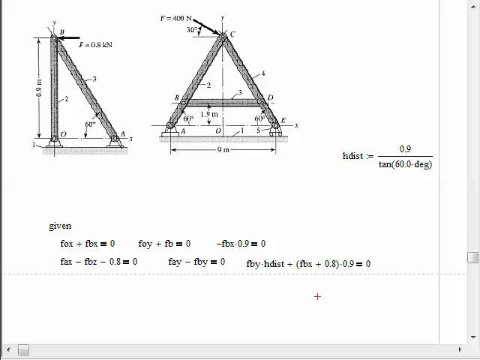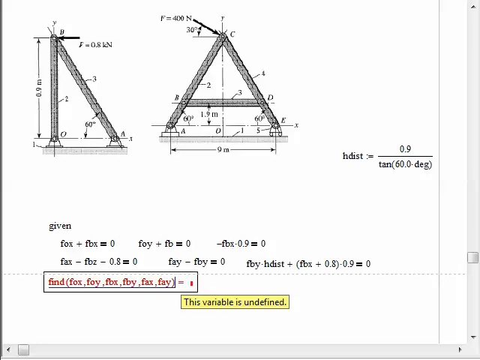So I'll go with both of those, and then I will say find, and I've got 6 equations, 6 unknowns, which would be FOX, FOY, FBX, FBY, FAX, FAY equals, and of course it doesn't give an answer because I don't have guesses.